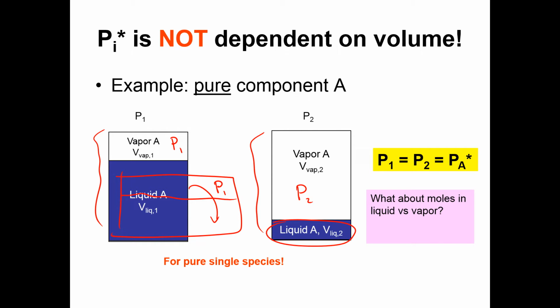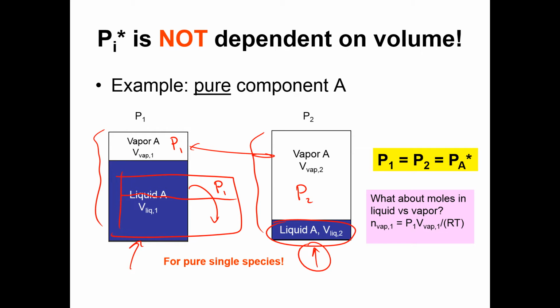Well, what about moles in the liquid versus vapor? How would we calculate that? Here you have more moles in the liquid, and here you're going to have more moles, relative to this one, in the vapor. So how would you calculate that?